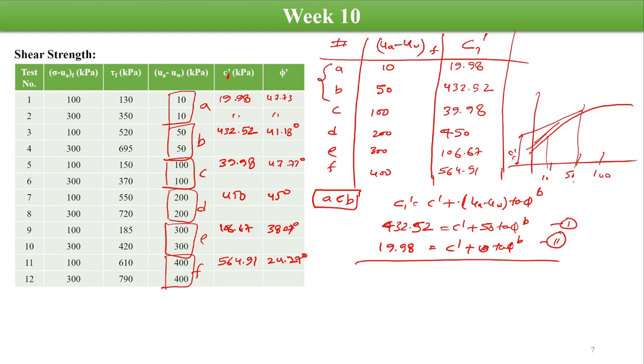Let's solve these two and obtain the value of C dash. While we solve these two, we'll first obtain tan phi B. So phi B will be tan inverse of 432.52 minus 19.98 divided by 50 minus 10.